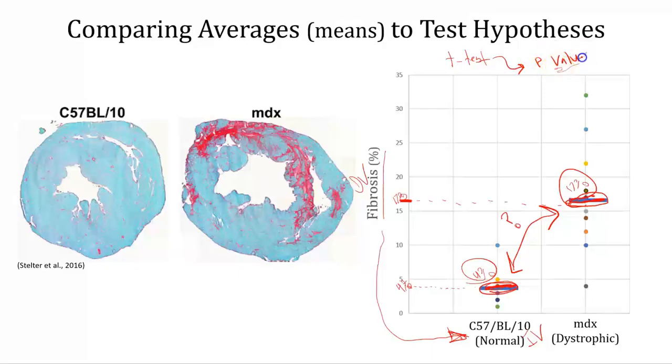And the p-value will tell you how likely the difference in averages is due to random chance.